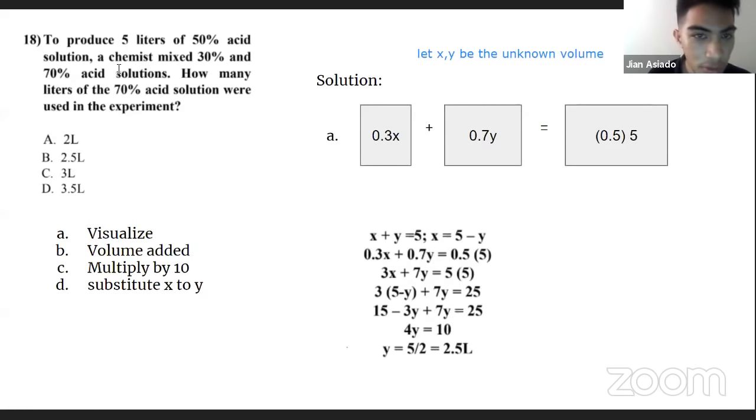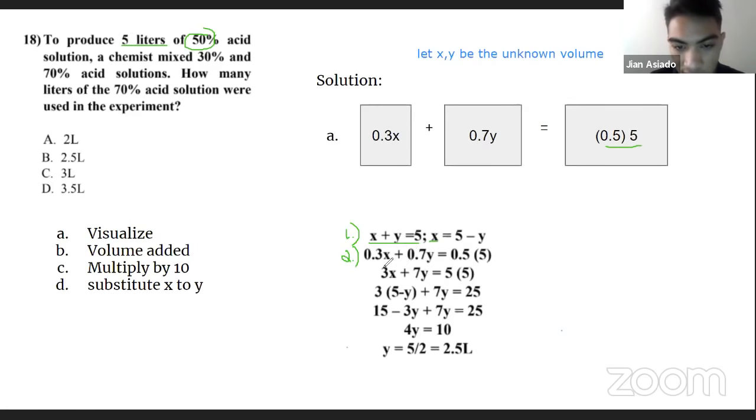So ito yung volume ng solutions nung pinag-add mo na solution. At yung product niya, 50% acid of 5 liters. No, ito siya. Ngayon, pwede mo siyang ipag-add, no? Ito x plus y equals 5 kasi this is the volume, no? And then manipulate para makuha mo lang si x. And then you have another equation, no? So ito si 1, ito si 2.